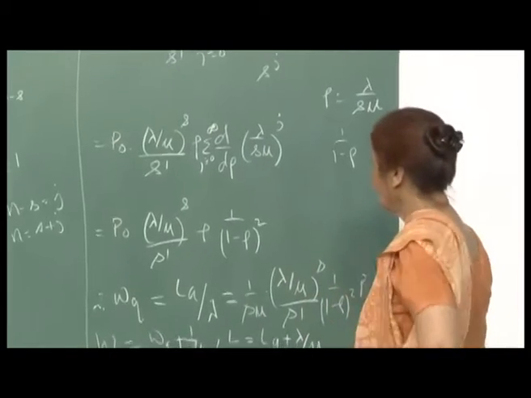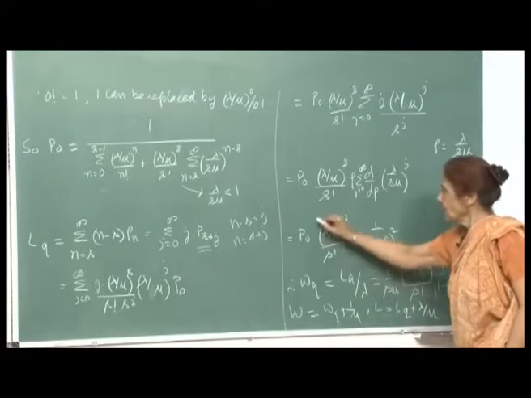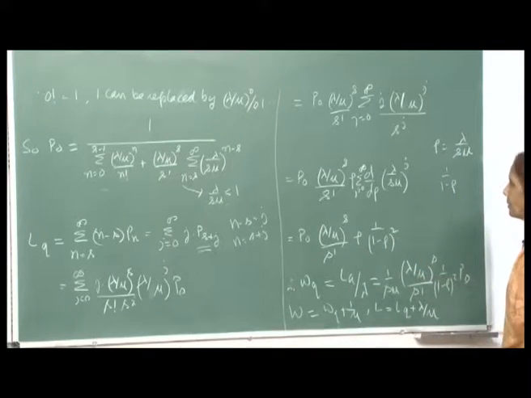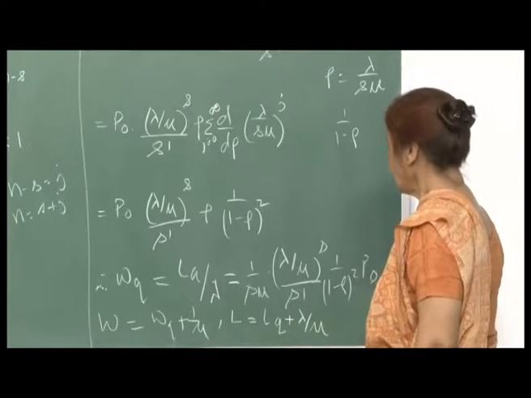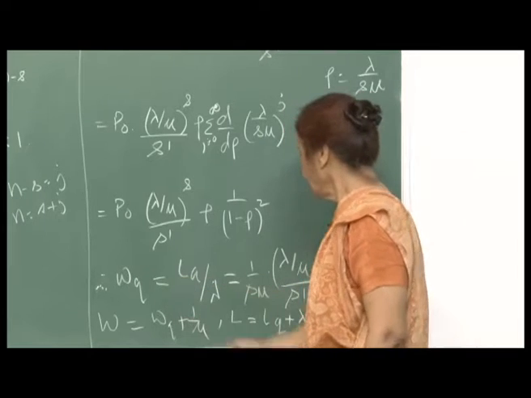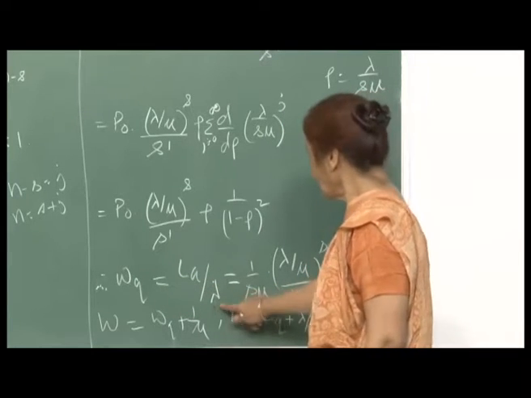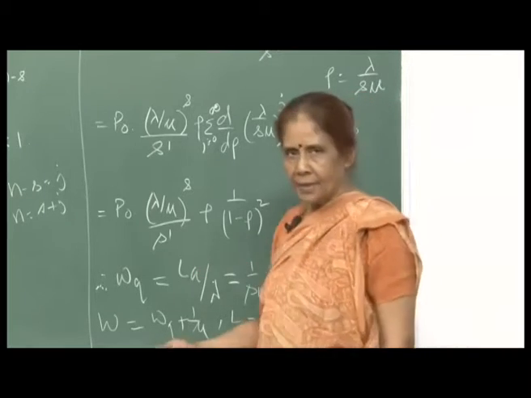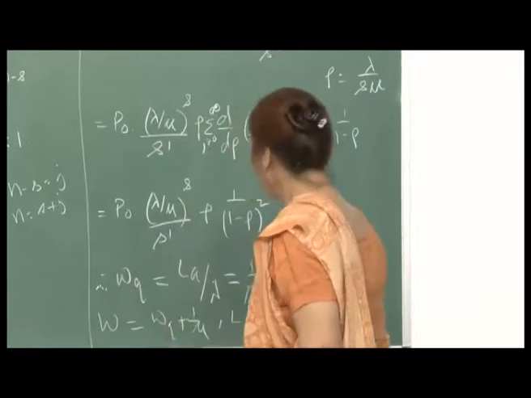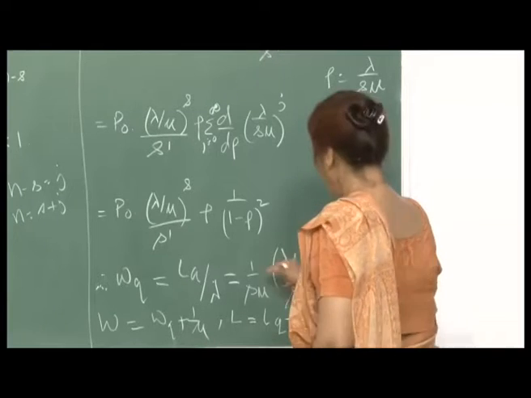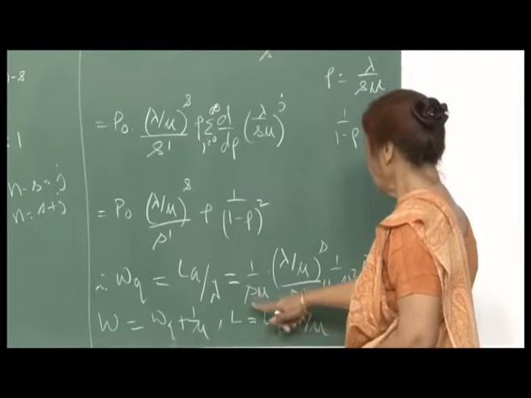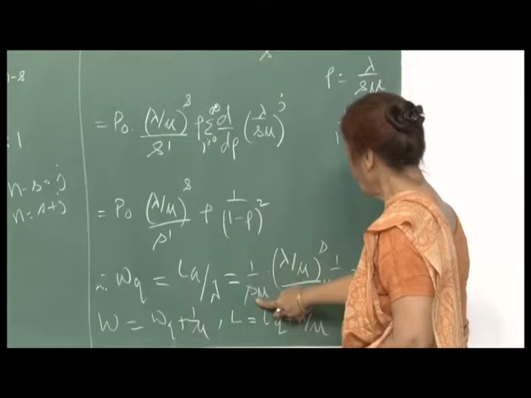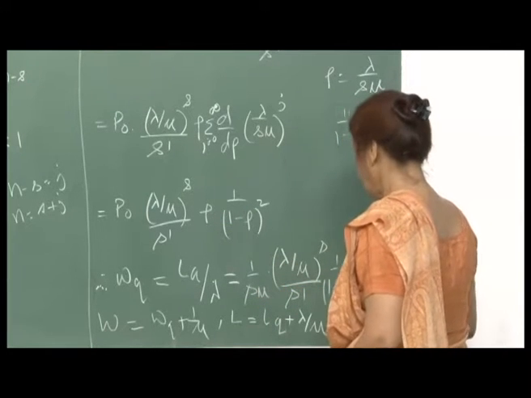So, now you have a neat expression, except that P naught is a little cumbersome. Then you have this expression for LQ, and then I can get my WQ, which will be LQ by lambda, because we said that these relationships are valid even in the general case. When you divide this by lambda, you are left with 1 upon S mu, and you have this expression.